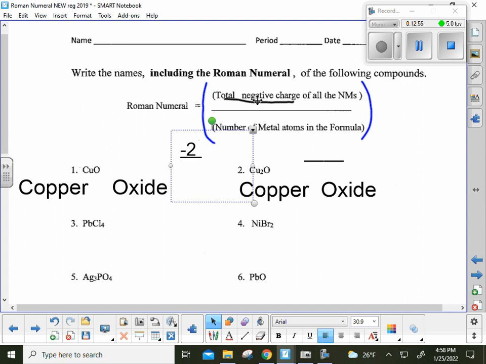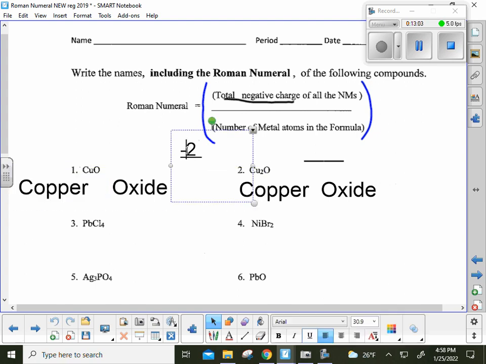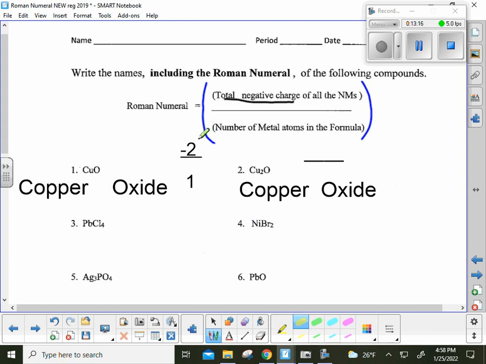It's -2 because it's only 1 oxygen, and right here there's only 1 copper in the formula. So you're going to put 2 over 1 here. I don't mean to underline it. I'm sorry about this format, but basically it's showing 2 over 1.